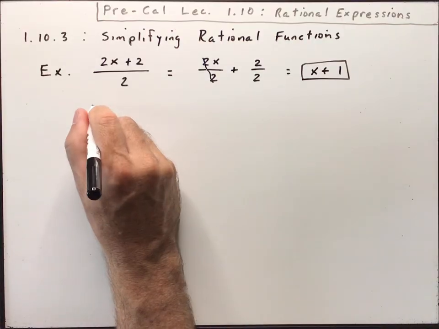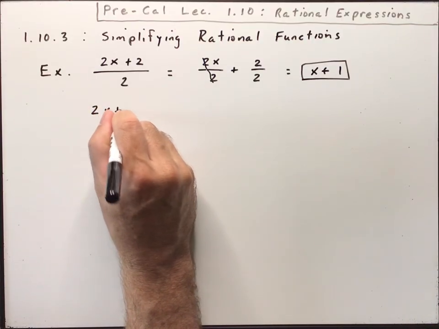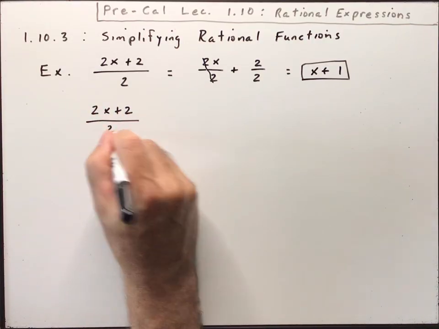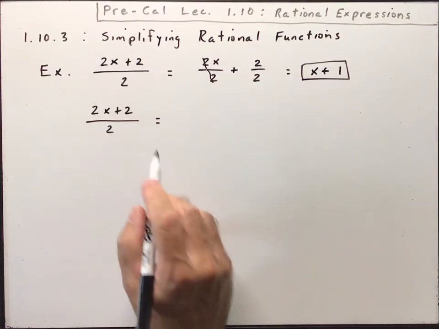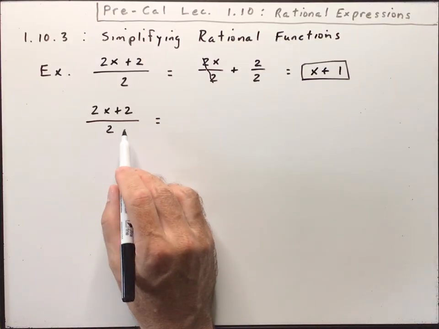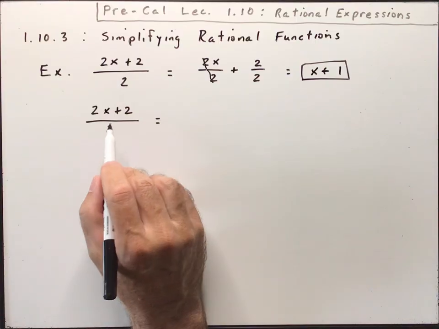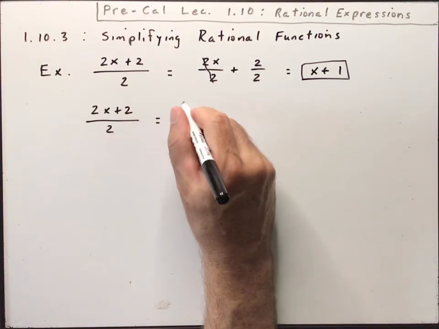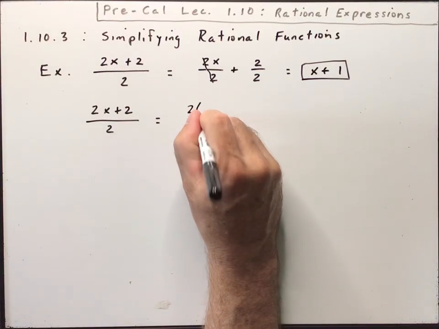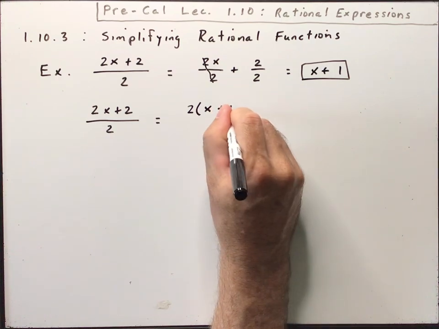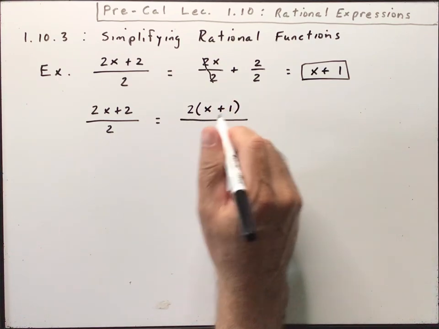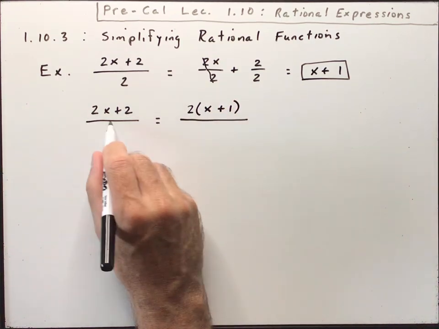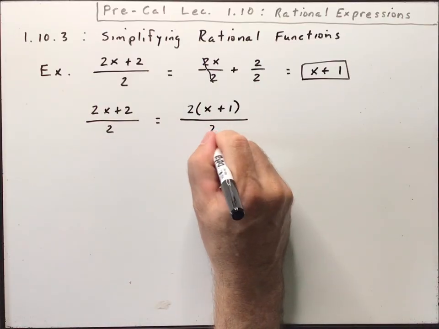But another way to think about this, 2x plus 2 over 2, what you'll be doing, more likely, because as the problems get fancier, let's say we factor a 2 out of the top. We factor out the greatest common factor, we're left with 2 times x plus 1, and then over 2.